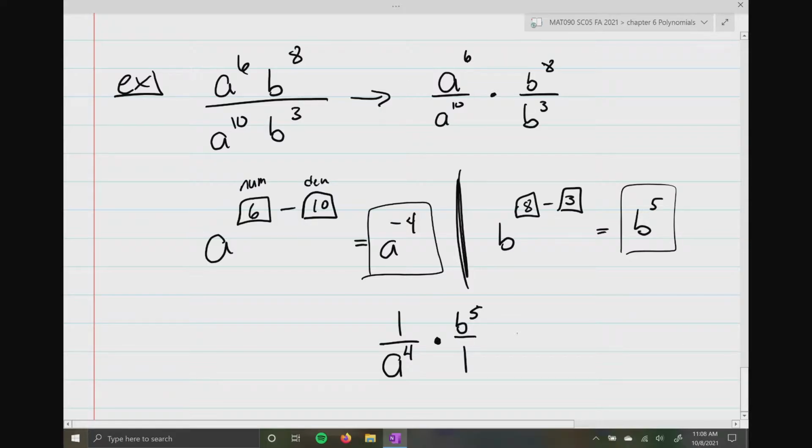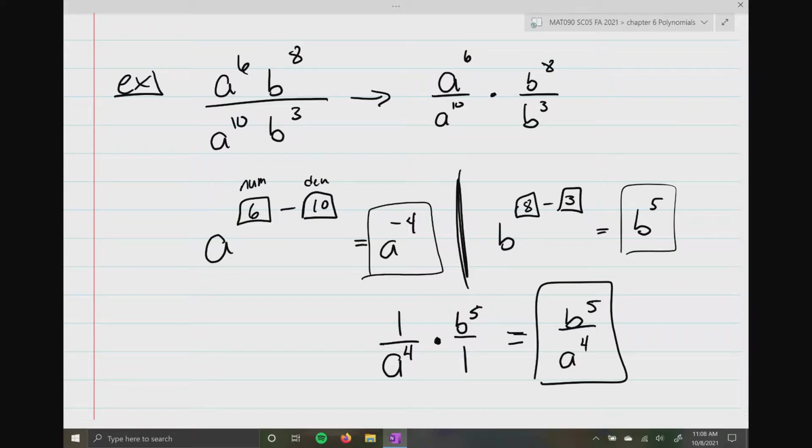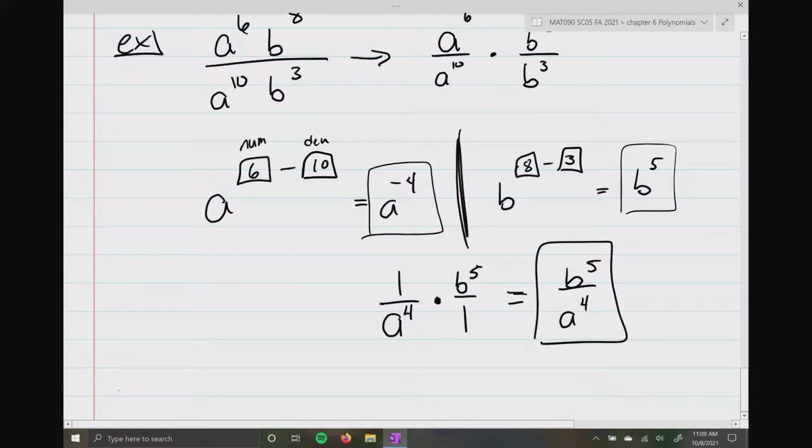So this is just going to equal b to the 5th over a to the 4th. Does that make sense, everyone? So the only thing I did here is I really drew this problem out. I separated things because I wanted you to see how this works. But eventually, hopefully you can get to the point where you don't have to worry about that anymore. Okay? Are there any questions before we move on?